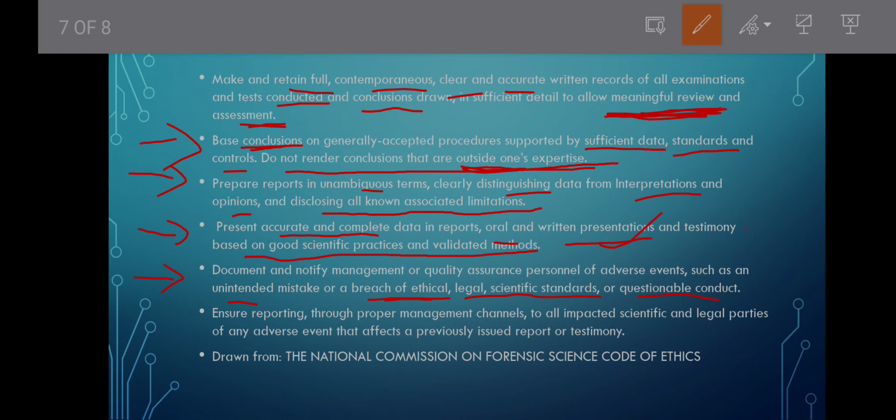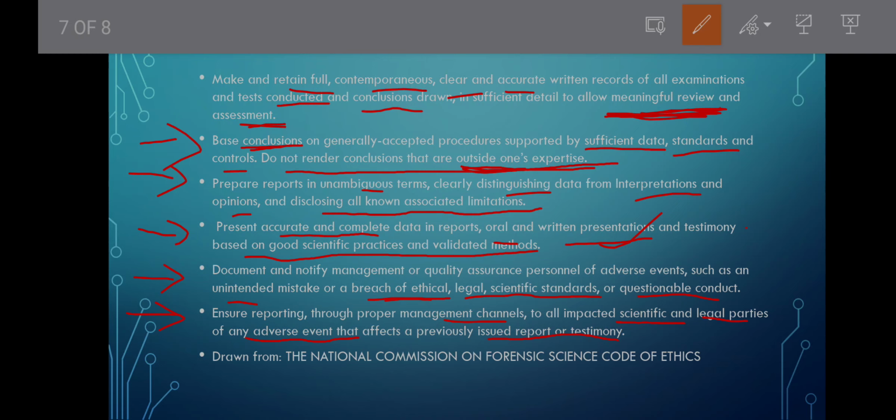should be clear to everyone. Then next, moving on to the last point, that is, ensure reporting through proper management channels to all impacted scientific and legal parties of any adverse event that affects a previously issued report or testimony. Like, whatever scientific report you have taken, say in the first case you have written a report stating this about a particular subject.